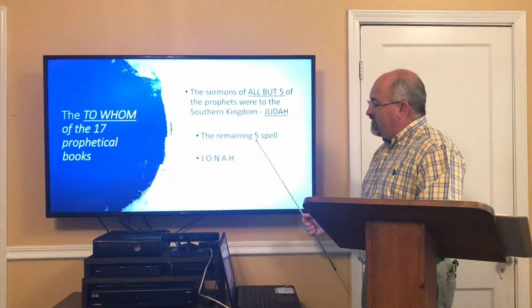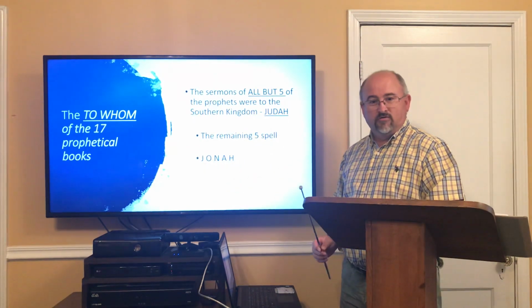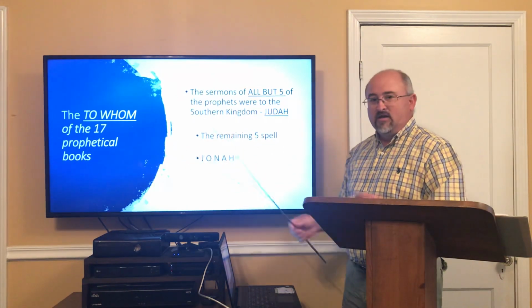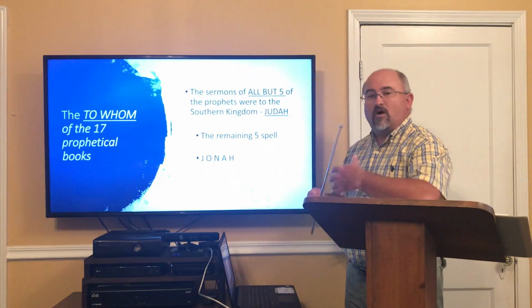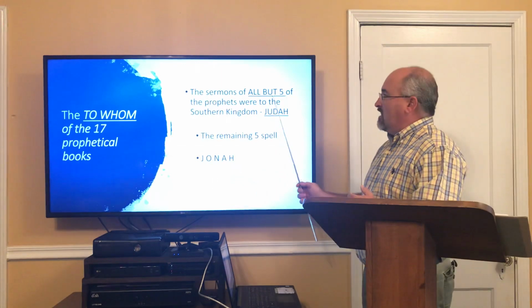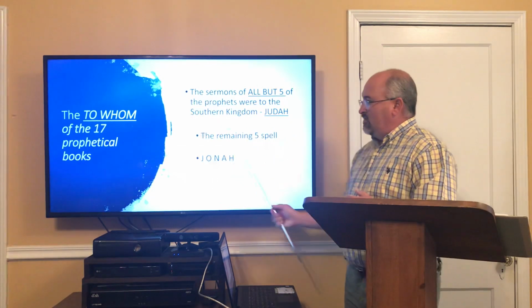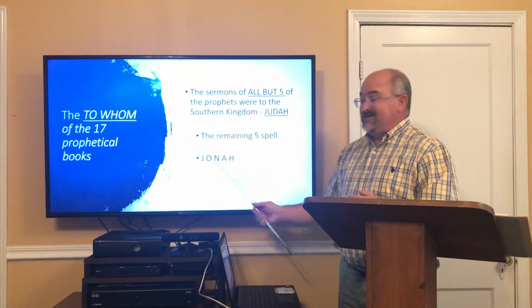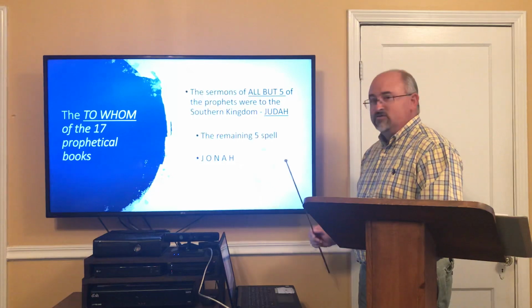If you learn these 5, you'll know who everybody preached to. Out of 17, you only have to learn 5, and then you know where all 17 preached, because all but 5 preached to Judah. So let's learn these 5 that did not preach to Judah. And they spell the word Jonah.